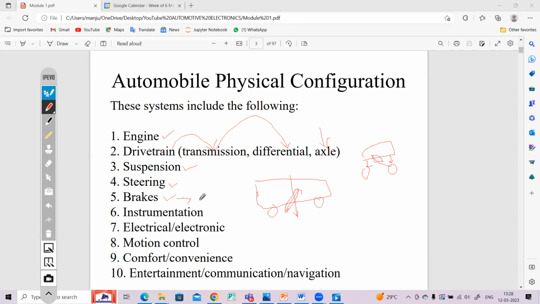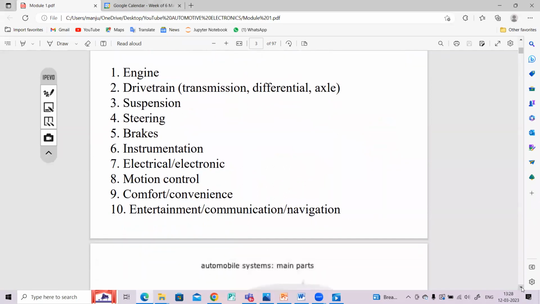And coming to the brake, either it is a drum brake or a disc brake. We'll see that here. Then either we're going to use electrical components or electronic components, or motion control. Then the comfort, convenience, entertainment, communication and navigation, like Bluetooth connectivity, onboard MP3 player, onboard FM, onboard navigators, or onboard call connectivity.